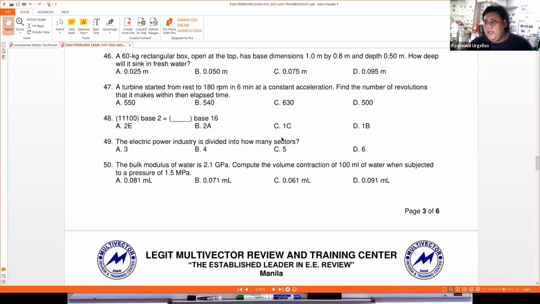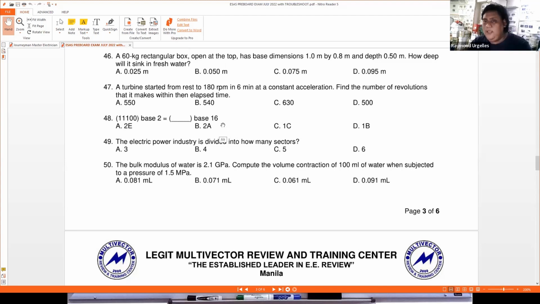How deep will it sink in fresh water? Basically, we will just use the concept of buoyancy. We have a 60 kilogram rectangular box. The weight of the air was not considered; perhaps it's negligible, though you should consider the air inside since the box is open. Anyway, disregard it for our problem.